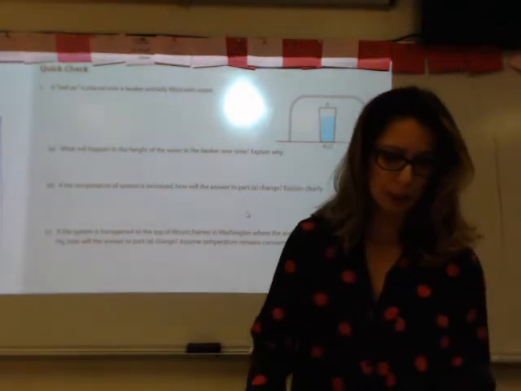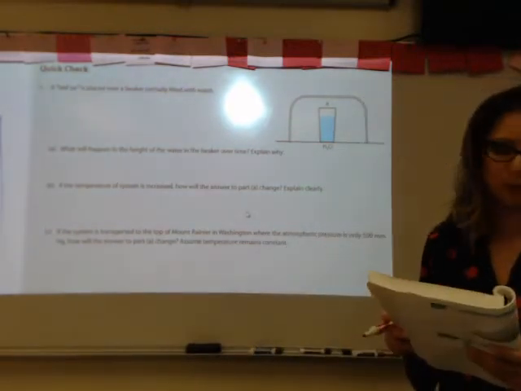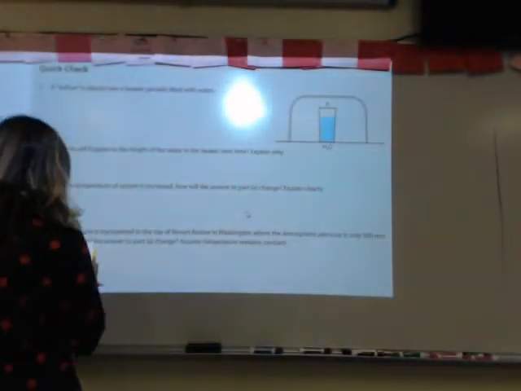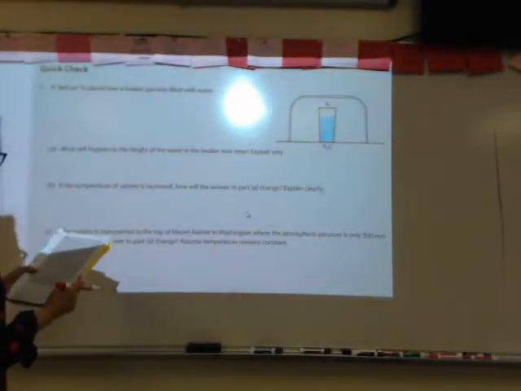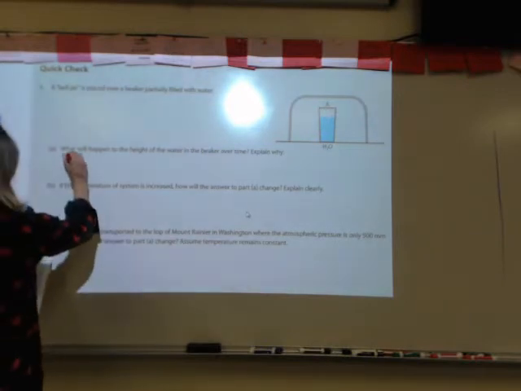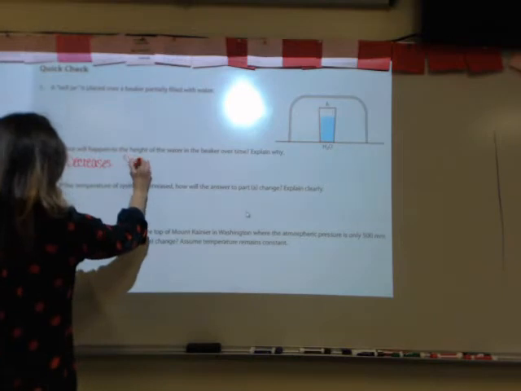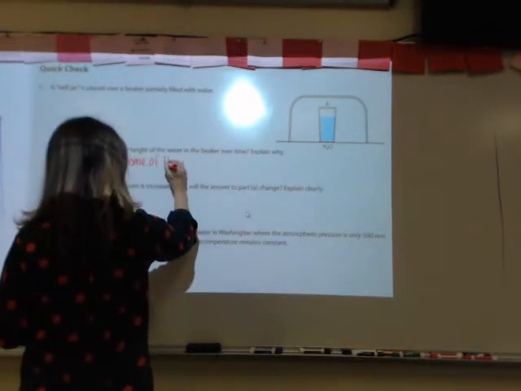A bell jar is placed over a beaker partially filled with water. What will happen to the height of the water in the beaker over time? Explain why. Well, it will decrease because some of the water evaporates.